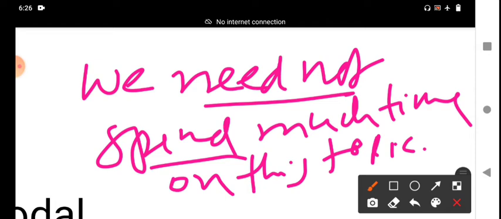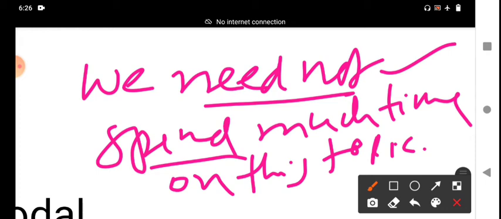It uses the semi-modal verb. Need is most common in the negative. It is a negative sentence. Why? Because we use it to show that there is no obligation. It is not compulsory. We need not spend much time on this topic.